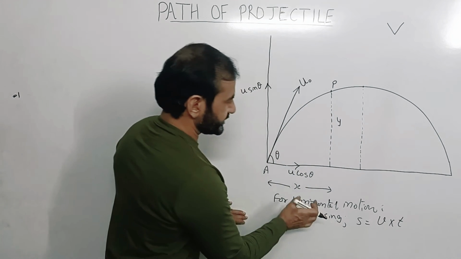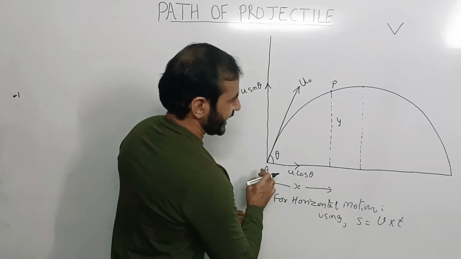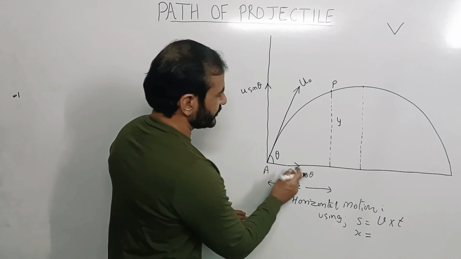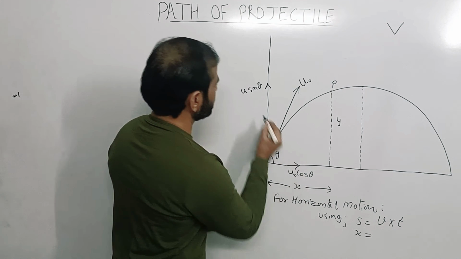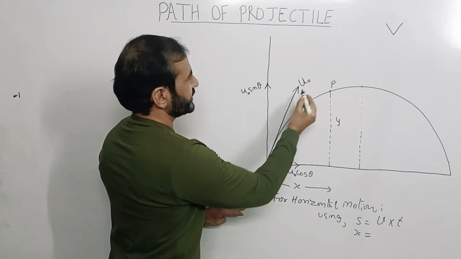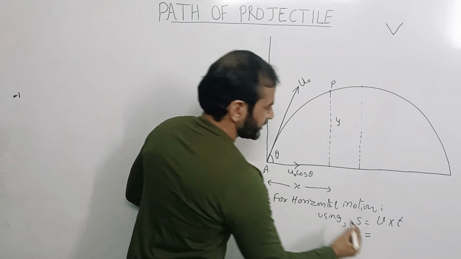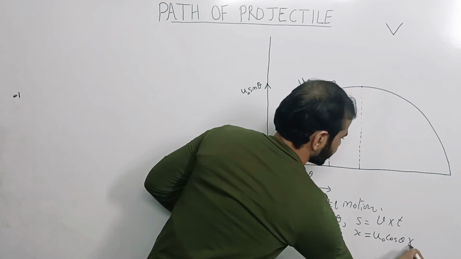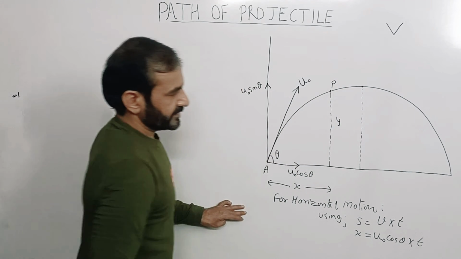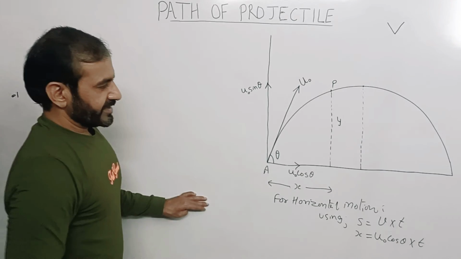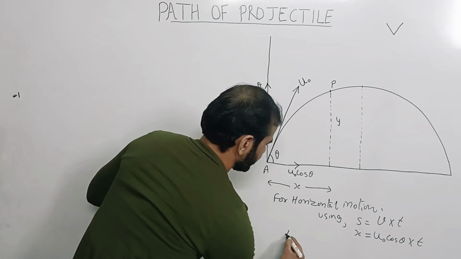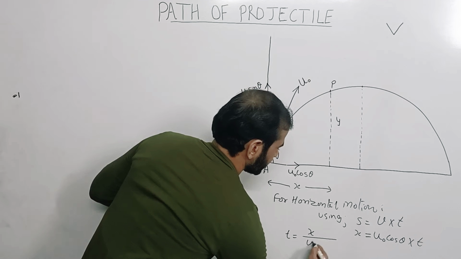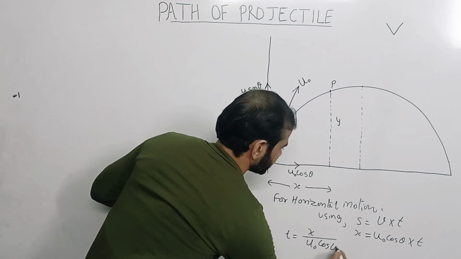What is s? Distance moved horizontally. This is x. What is v? U naught cos theta, because we have taken u naught initial velocity. So x equals u naught cos theta into t. So we can find t from here. T will be x upon u naught cos theta.